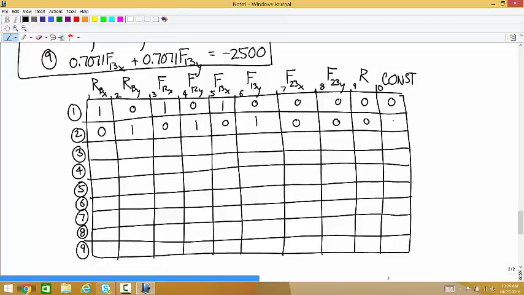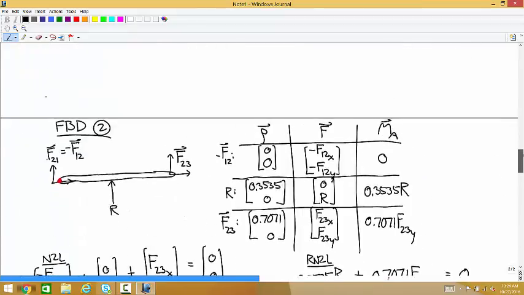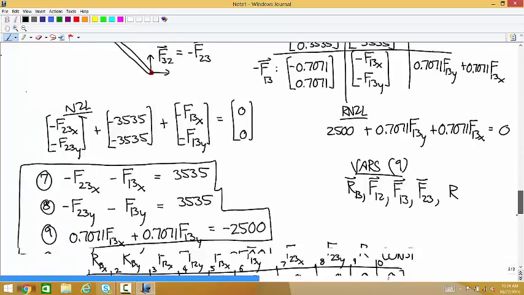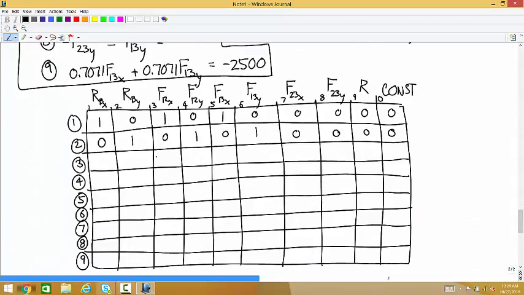Everything else is zeros. And then the third one says F12x, the coefficient is 0.7071. Everything else is 0. And like you said, Ryan, it would be just as good to have used that at the time to say we know F12x is equal to 0, get it out of the equation. It reduces the system, but I tend to just put everything in like this.